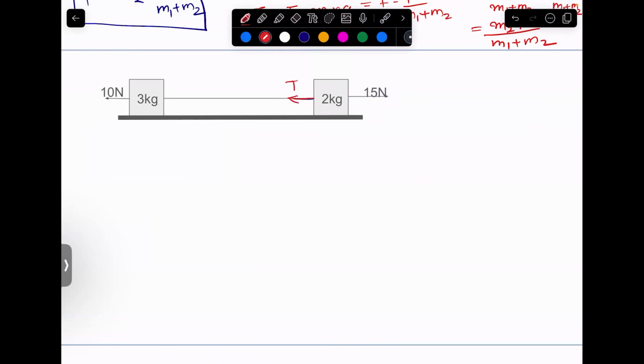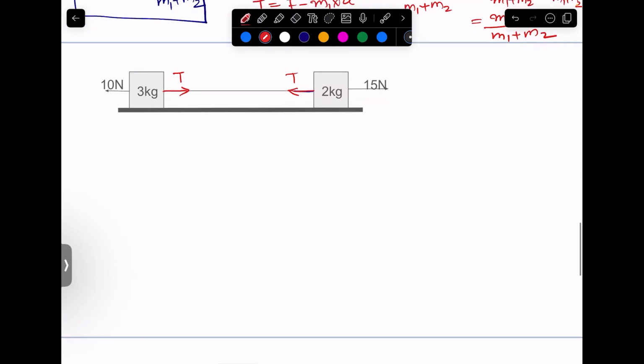And since the same string is connecting to the 3 kg mass, along a string without mass, what will happen? The tension force will remain constant. So the same T will be acting on the 3 kg mass also, and this is being pulled with a 10 Newton force to the left side. Okay, now we should see what will happen.